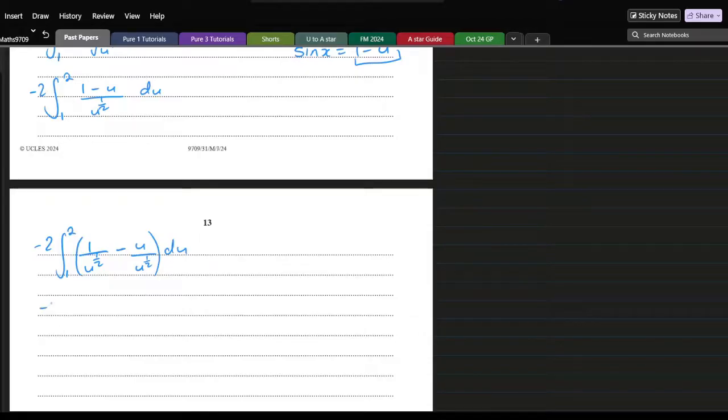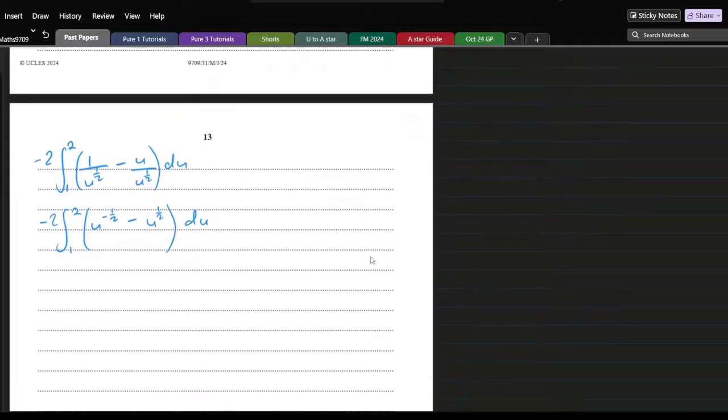Alright, so that's negative 2, the integral from 1 to 2 of, this is u to the negative half, and then that would be root u or u to the half, because that's 1 minus half, so u to the half, and this is all with respect to u. We can now finally integrate.